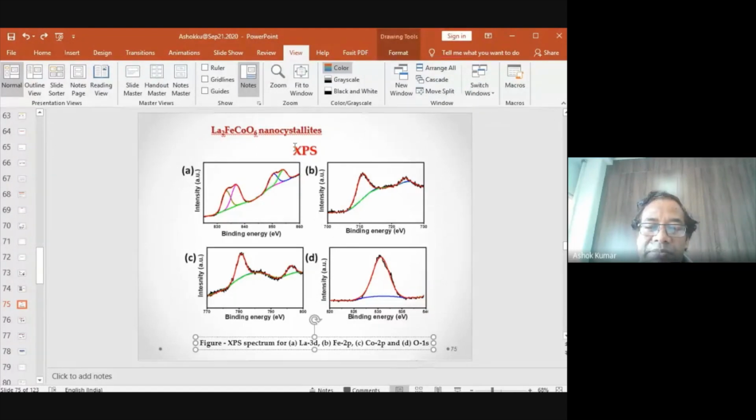But if you do an XPS study, X-ray photoelectron spectroscopy, on MgO, you will end up with a lot of magnesium having a lower oxidation state and a lot of oxygen having a -1 oxidation state. This happens because of the broken bonds on the surface. So it is totally possible for all elements to have a lower or reduced oxidation state on the surface, and we can study that with the help of XPS.